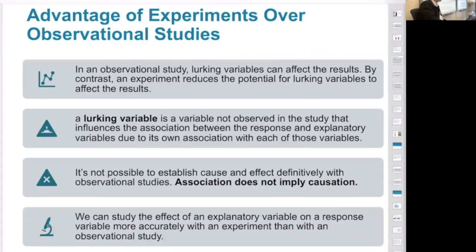For example, it's already proven that the type of gas affects the number of miles you can drive, right? If you put in 82, it's not like 85, or 92 or 95. Of course, when you have a higher grade, this will give you more mileage. It's scientifically proven, so here we have a causation.